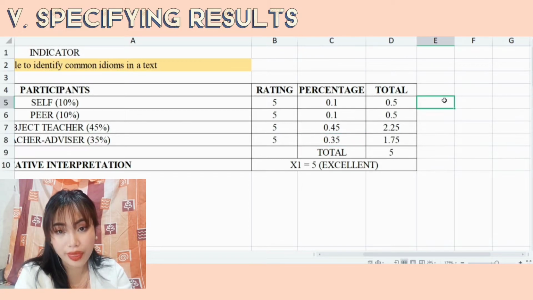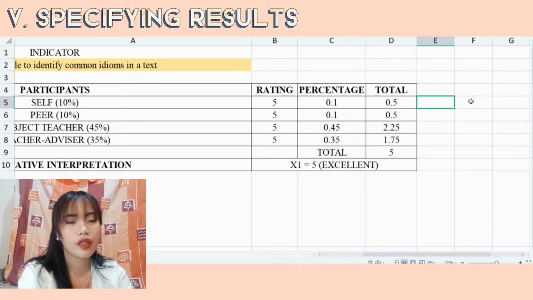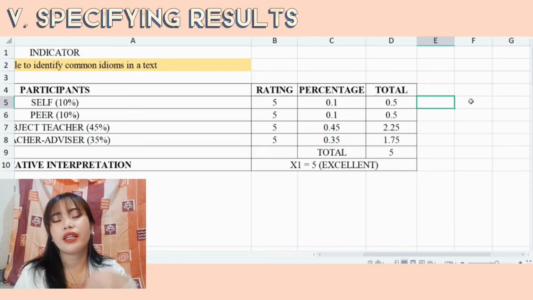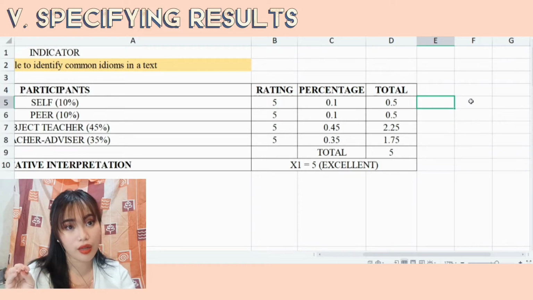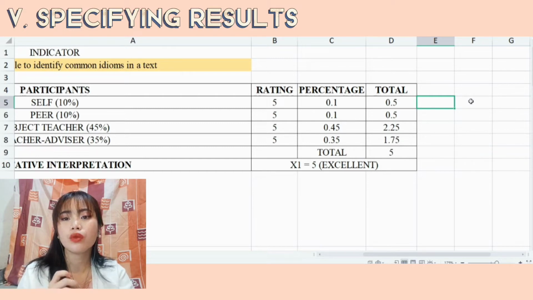Now, what do we do with this table? To get the total ratings per indicator, what we're going to do is multiply the rating and the decimal equivalent of the percentages of the participants for the total criteria, and then sum it up, or get the sum of the products of all the indicators.